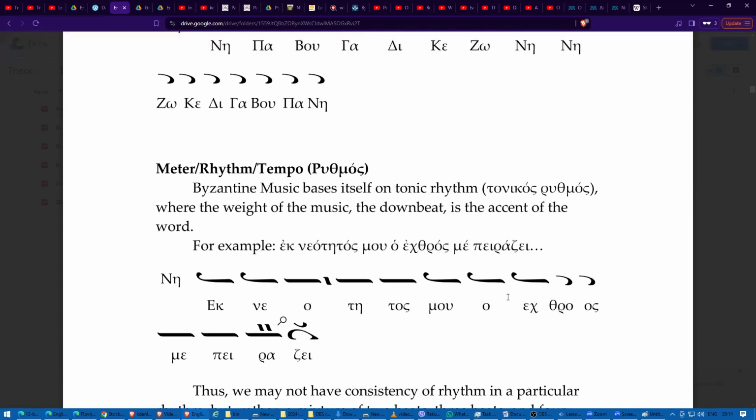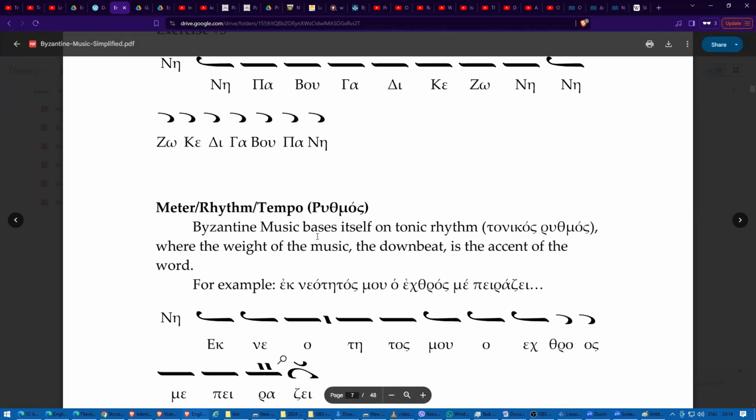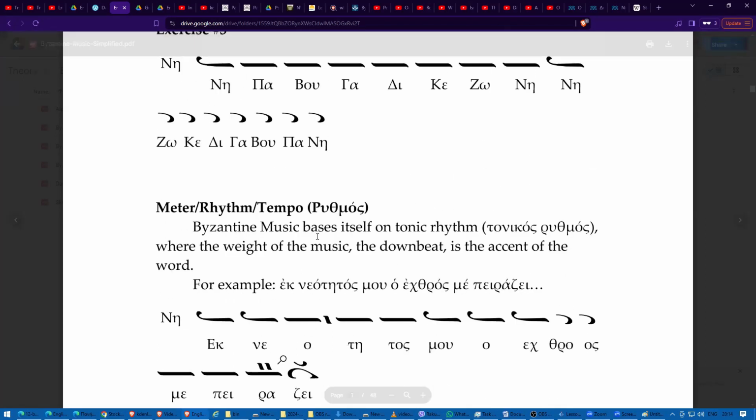And as we move along, the first thing that we always do, as students, is sing the notes out first, and then once we're comfortable with them, we can also sing the words.